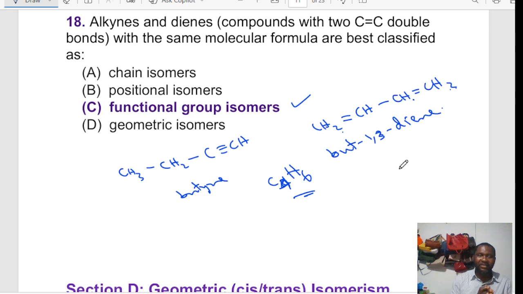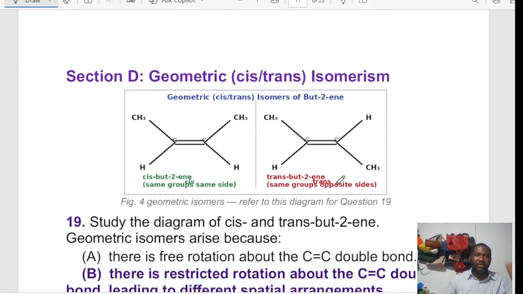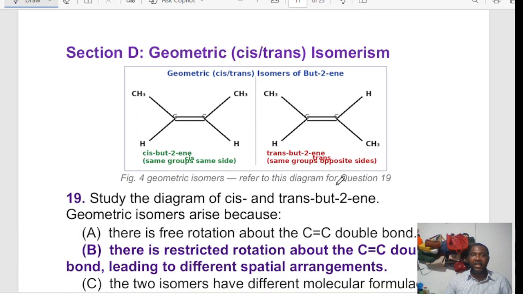Okay, that's very important. Now the next one here is the geometric isomers. Geometric isomerism is cis or trans. Okay, it's important for you to know that it is a stereoisomer depending on the arrangement in space. A cis isomer exists especially in alkenes for our level, but for higher level it also exists in cycloalkanes, but I'm going to be interested in just alkenes.